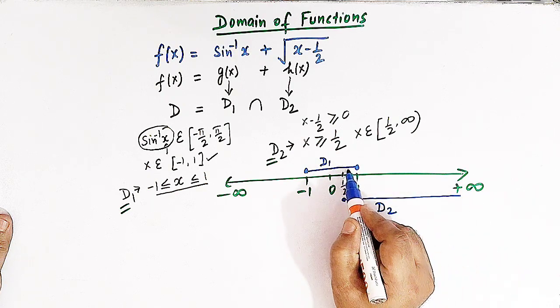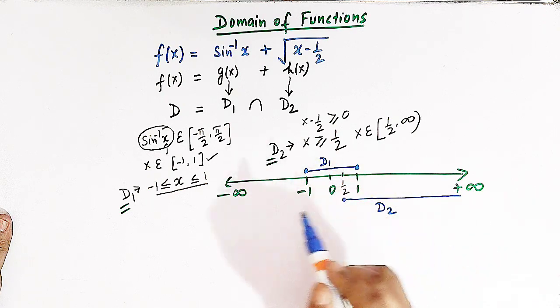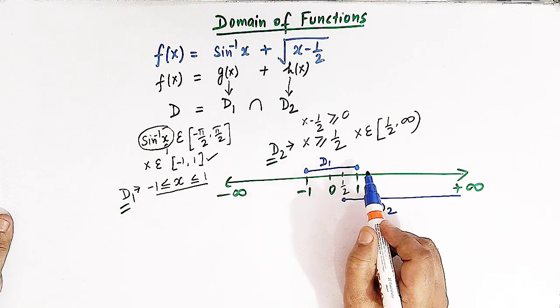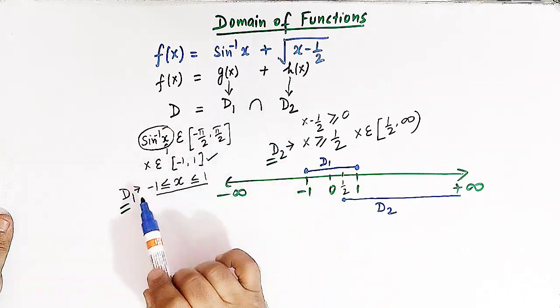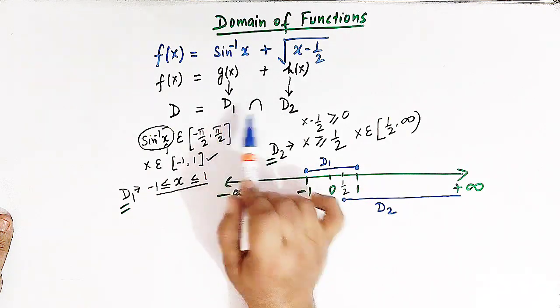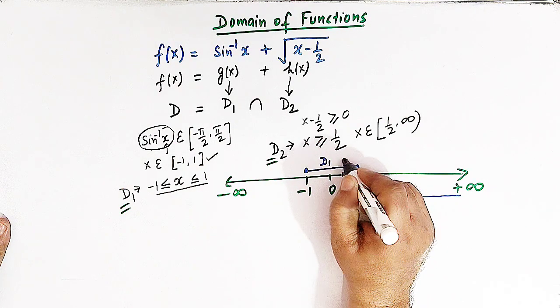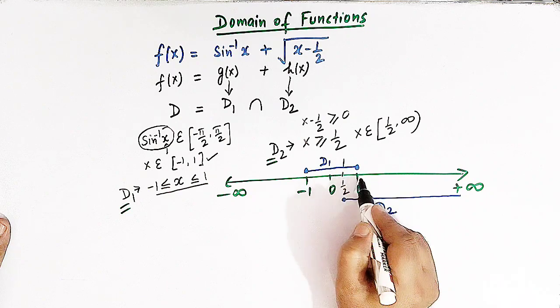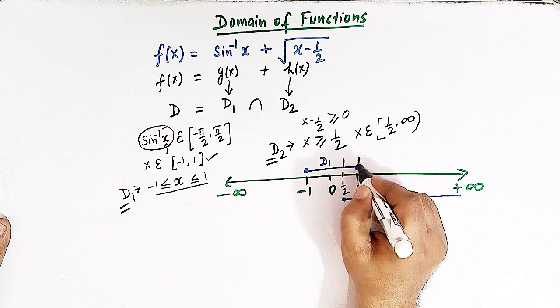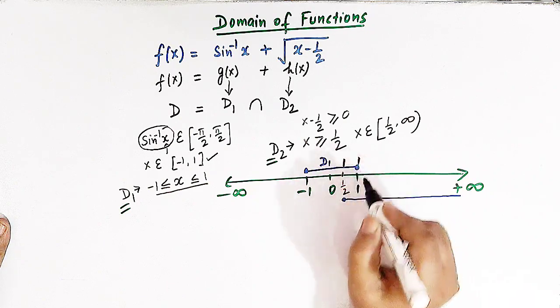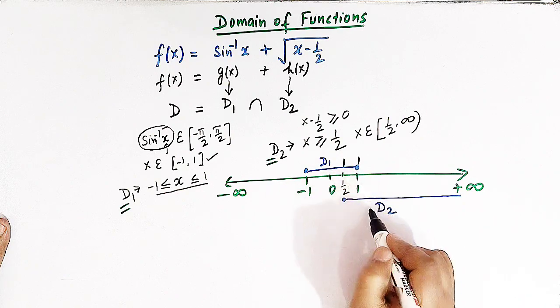Now we have to identify the common region lying between these two domains, d1 and d2. From this representation we can easily see that the region from half to 1 is common to both these domains.